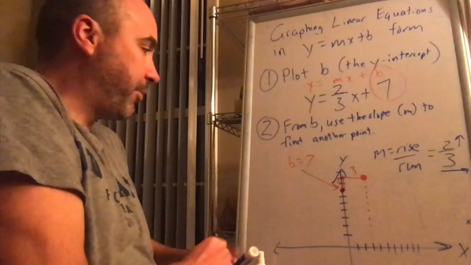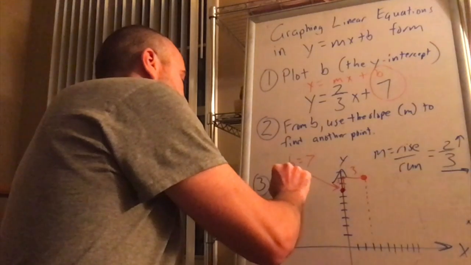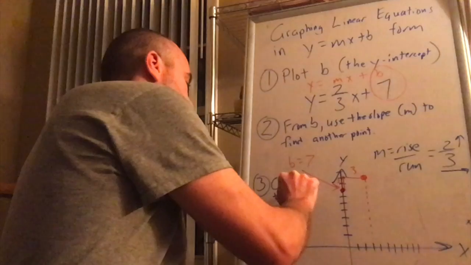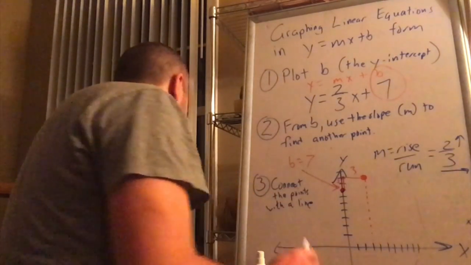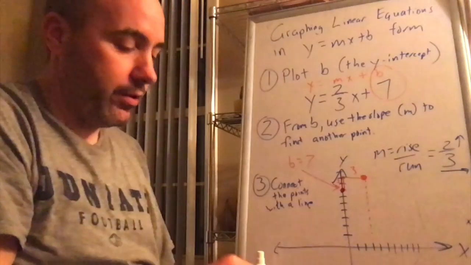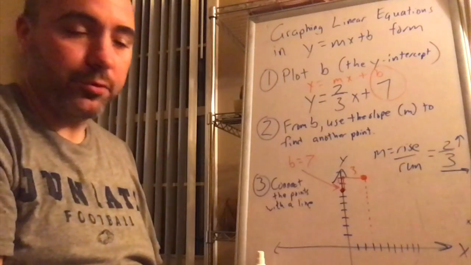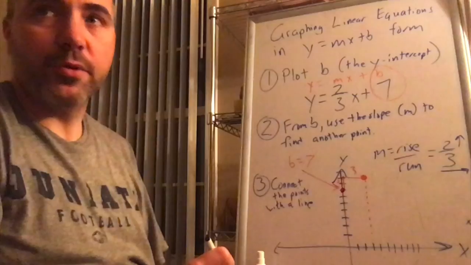And then step 3 is very simple. Connect the points with a line. When you're doing this in Alex and in Study Island, they will have some kind of line tool for you. If you're doing this on graph paper, you should grab some sort of straight edge.